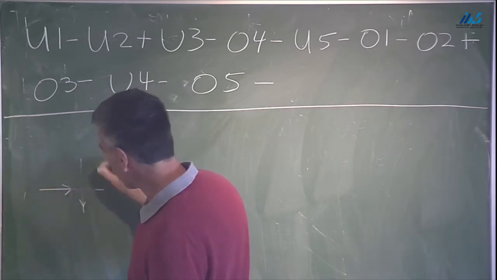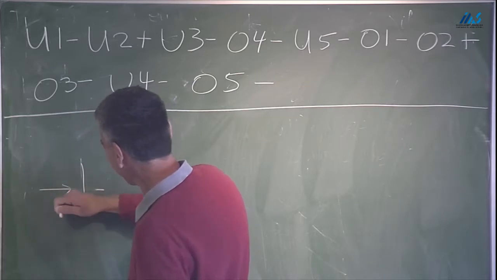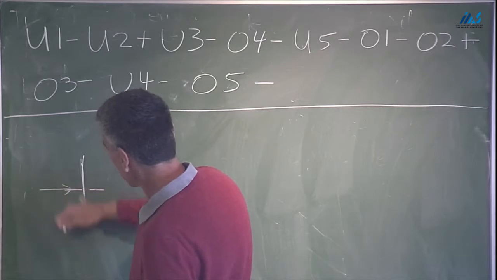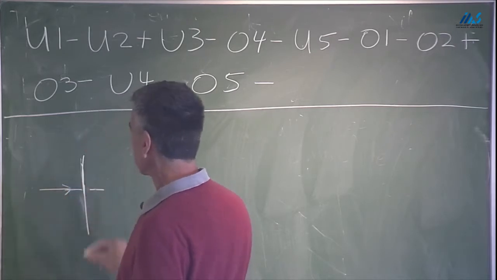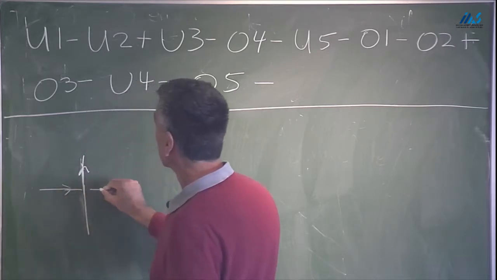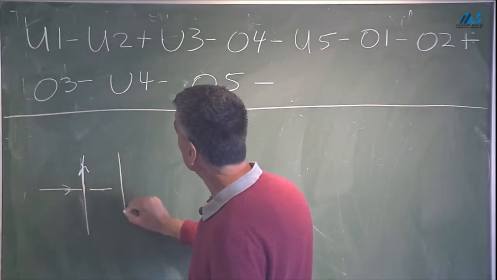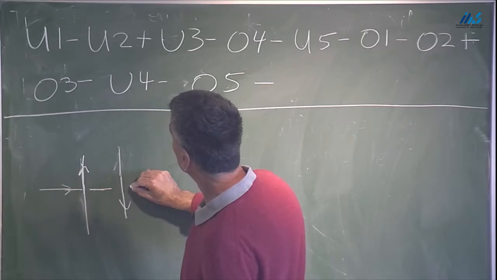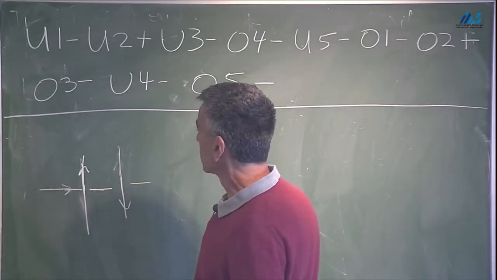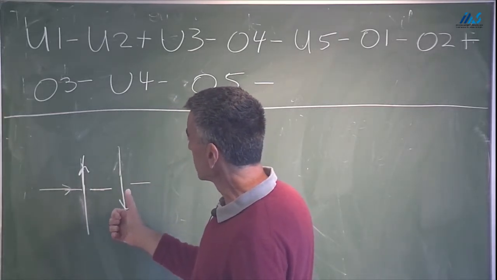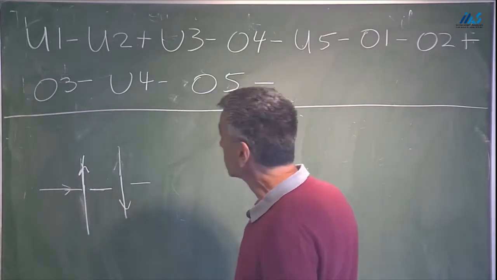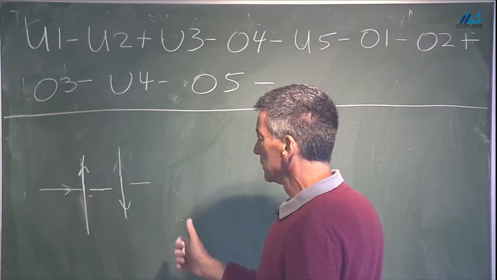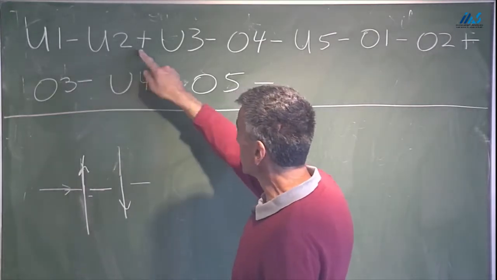Under 1, and that means it has to go the other way, right? And then under 2, going the other way, plus. It's a minus, so I think that's right. This is a minus, right? Under 1 minus and then under 2 plus.